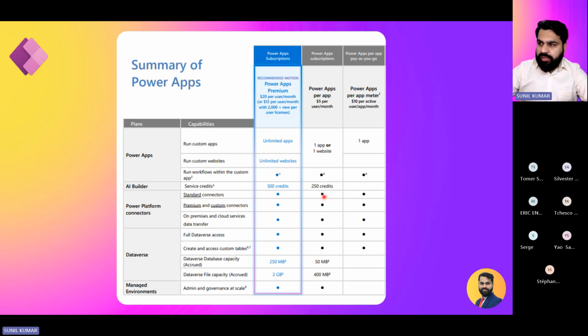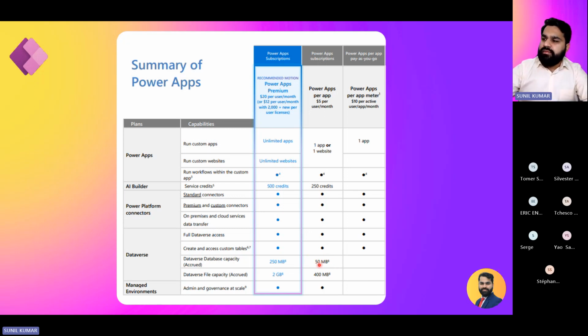Then these users will be able to access the standard connectors also, premium and custom connectors as well, and then the on-premise data gateways in case any integration is required from the cloud, which is Power Platform, to the on-premise system. For on-premise systems, as we already have taken some examples like SQL Server or Oracle Server. These users will get full Dataverse access. They will be able to create and access custom tables as well.